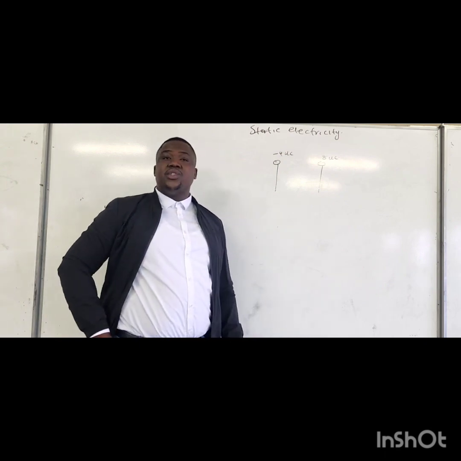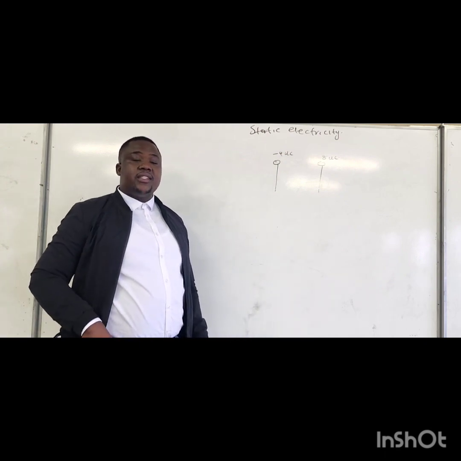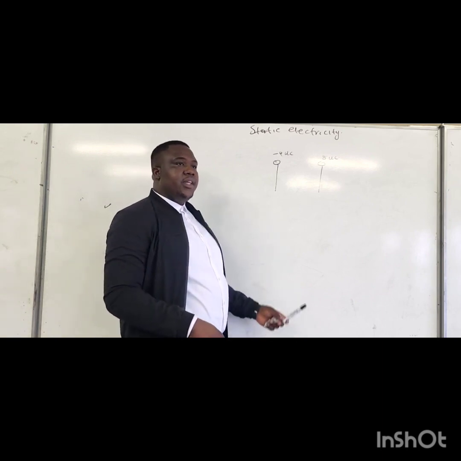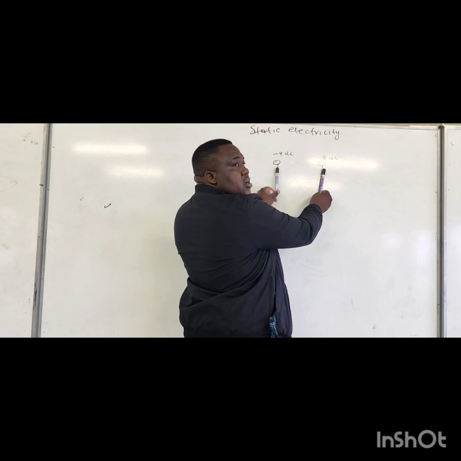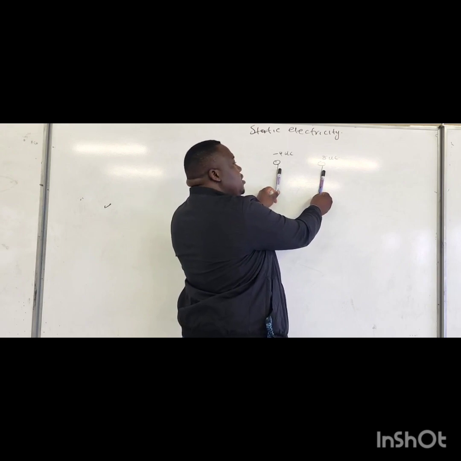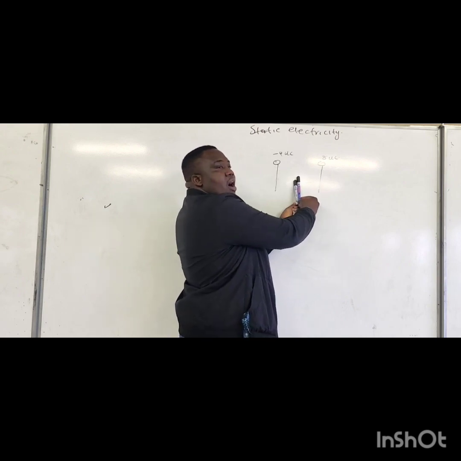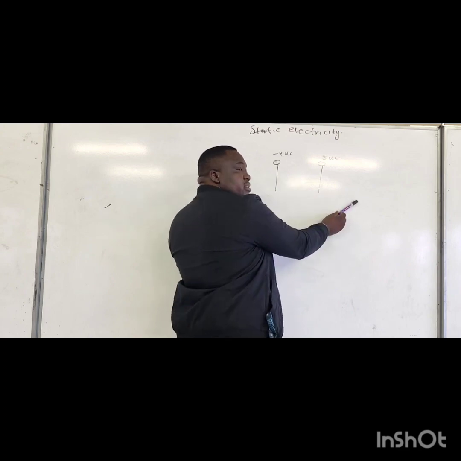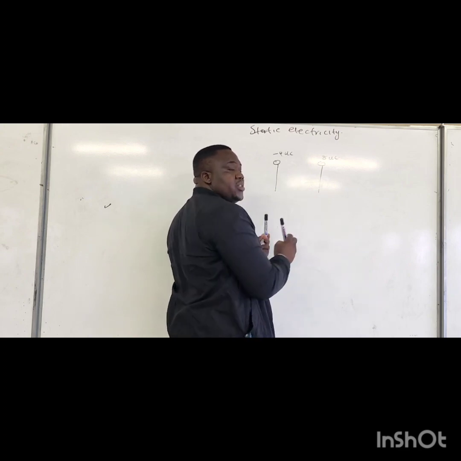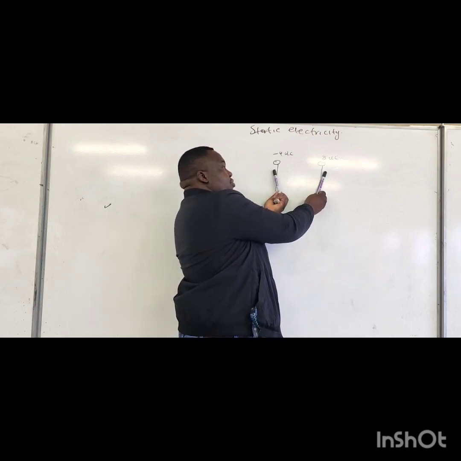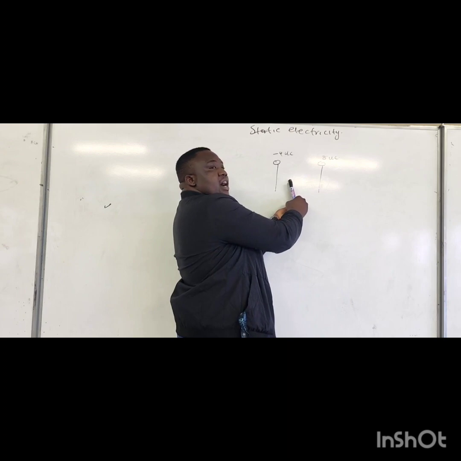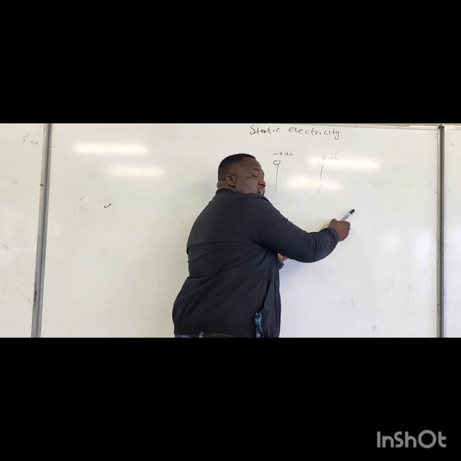So here is the situation. They say that the two spheres were made to attach for a while, then later on they separated. You see now, we have spheres, right? Then the spheres are made to attach, then are separated.